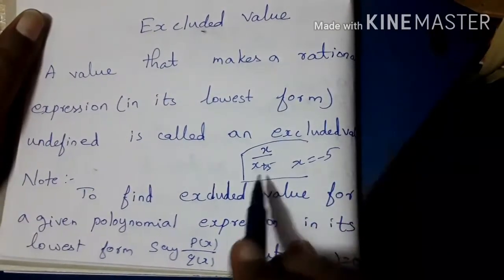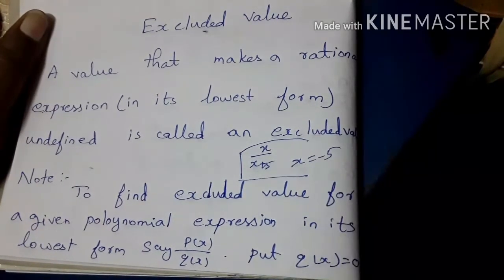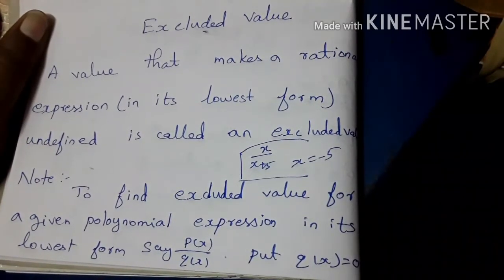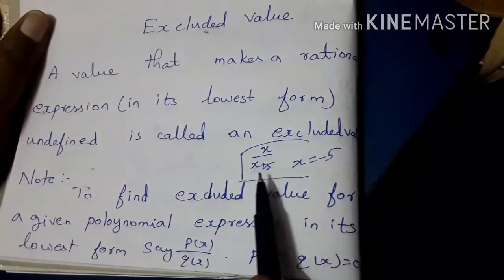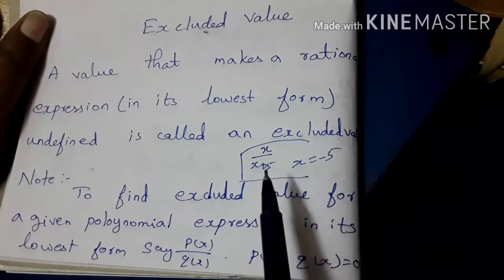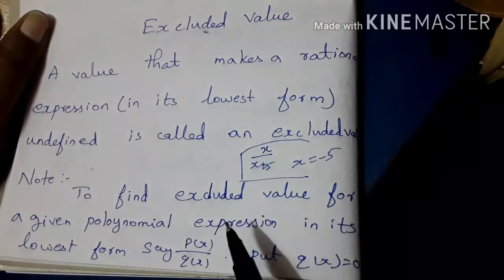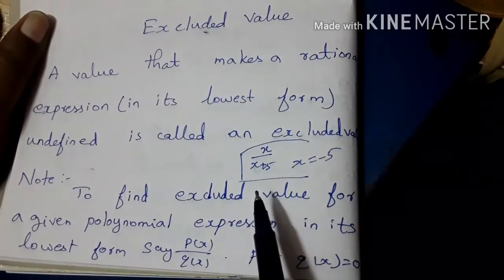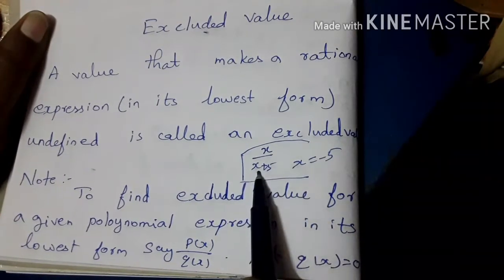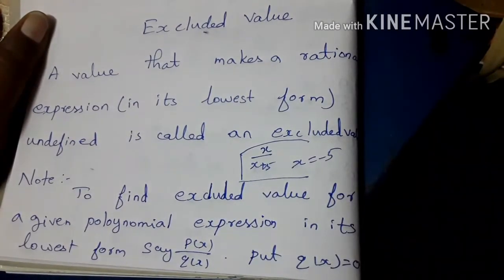Minus 5 plus 5 becomes 0. So our excluded value is minus 5. When the denominator is 0, it is undefined. What value we put that makes it undefined is called the excluded value.